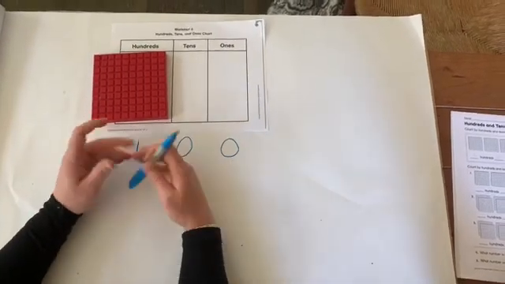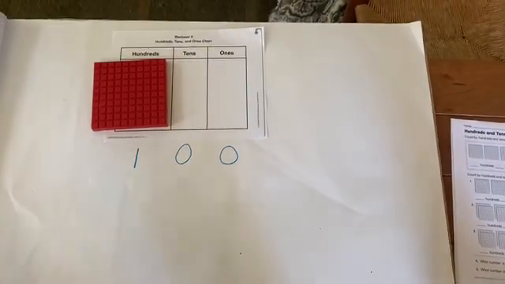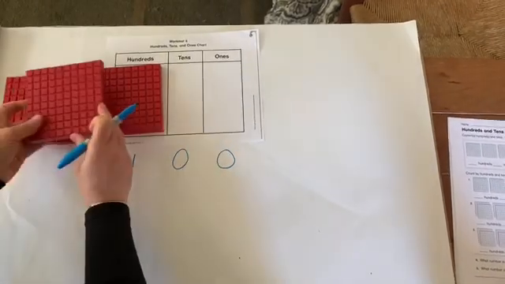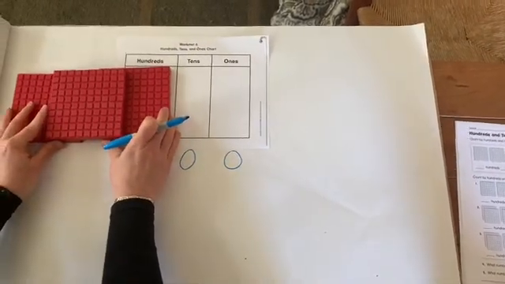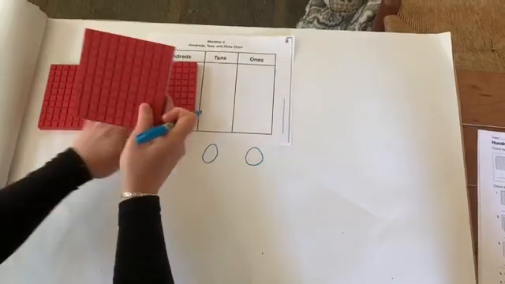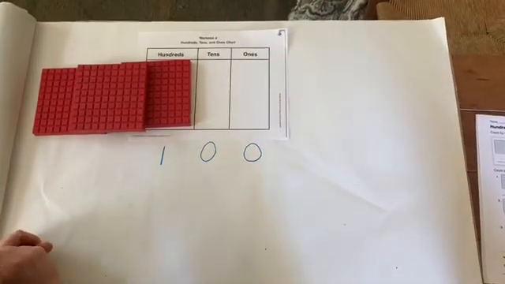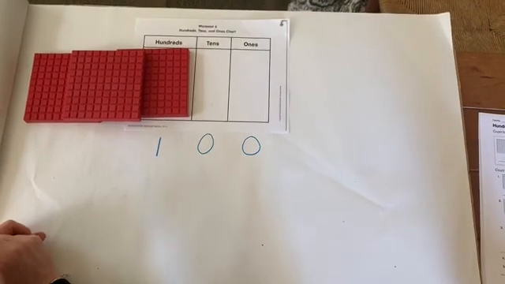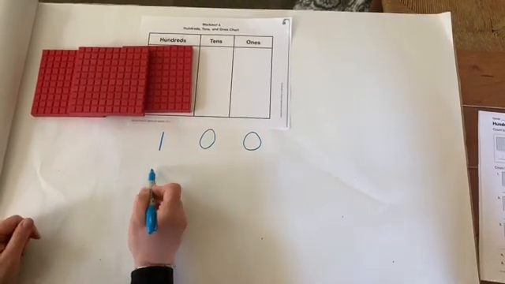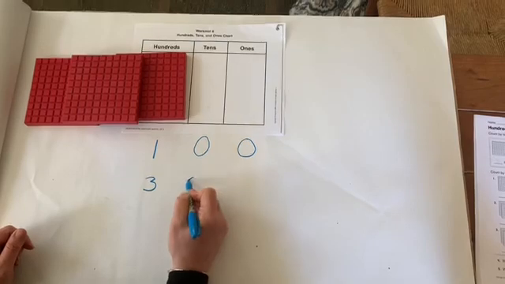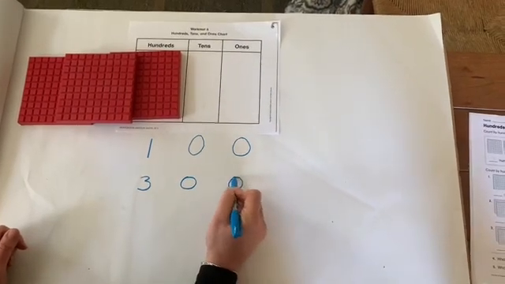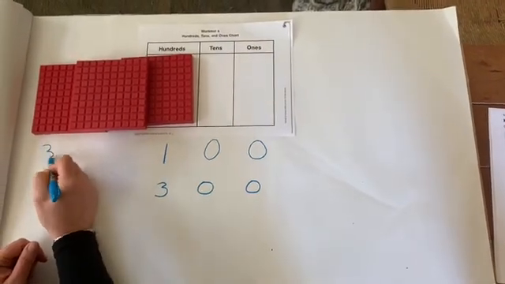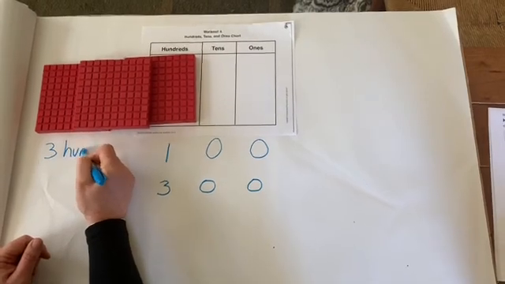Now, what if I put 3 of these? 1, 2, 3. Then what number am I representing? I hope you said 300. I have 3 hundreds here.